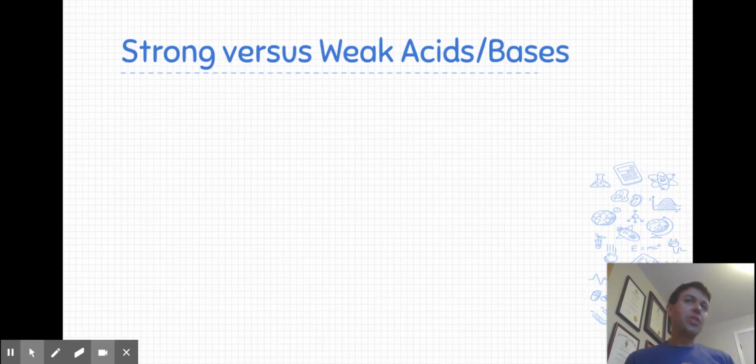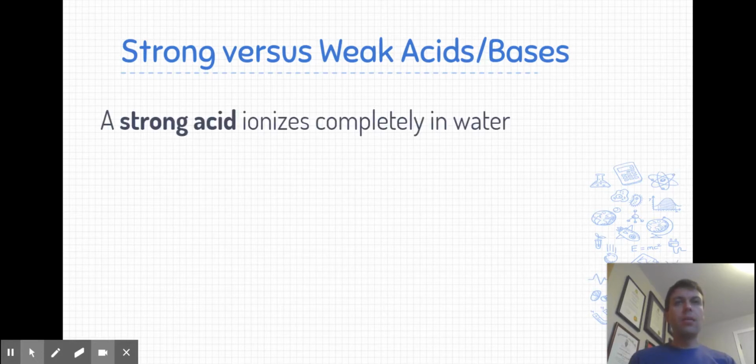Another new piece of terminology is the difference between strong and weak acids and bases. I'll just be talking about acids here, but all of the same terms apply to bases and their meaning. A strong acid is one that ionizes completely in water. So what that means is if we put 100 acid molecules in a container of water, they would all split apart and we'd end up with 100 hydrogen ions.